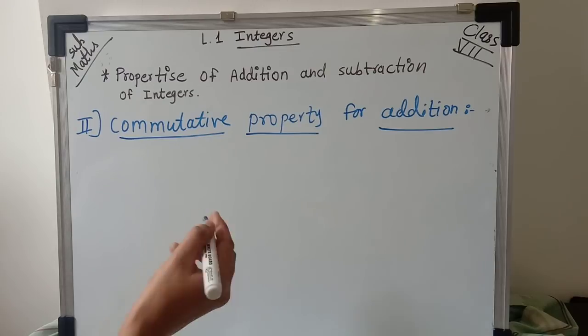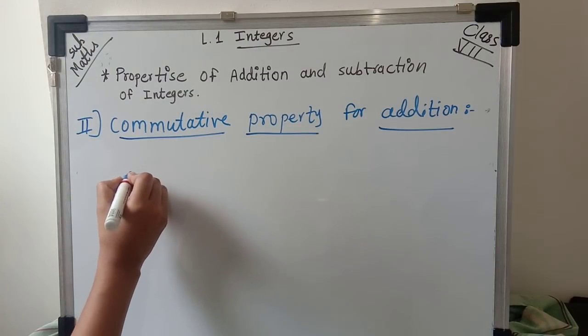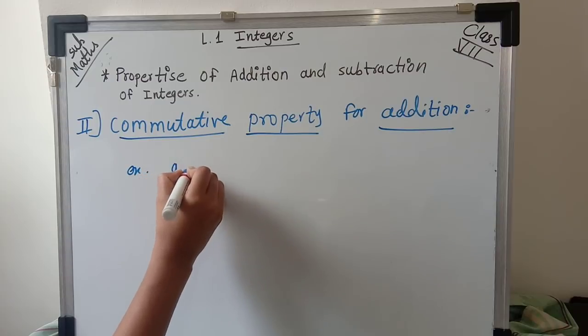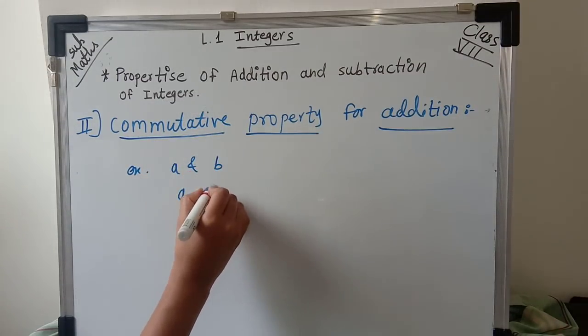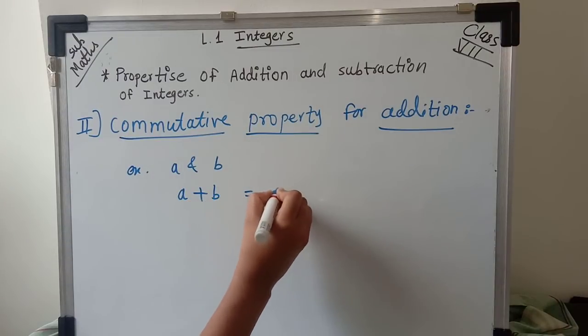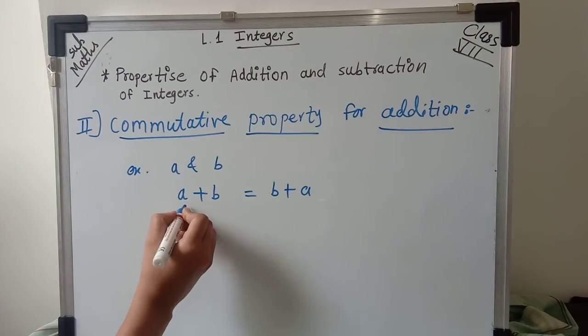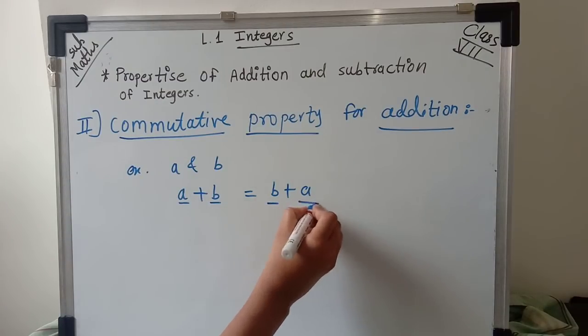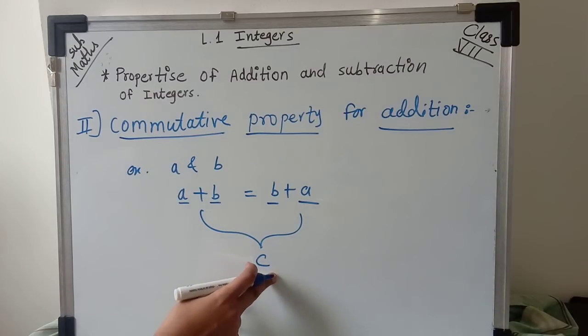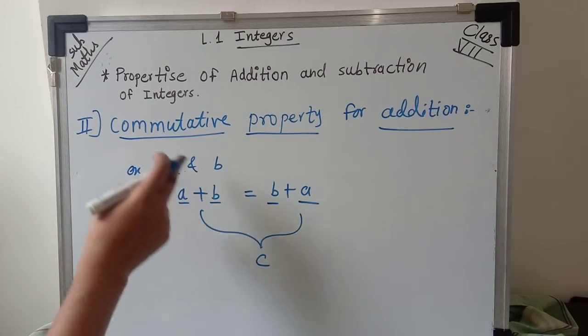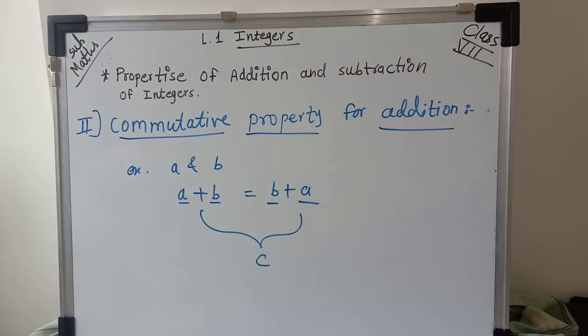For example, a and b are both integers. If we add them together, a plus b is equal to b plus a. If we change their order, we get the same answer, and then we can say the property is the commutative property for addition.